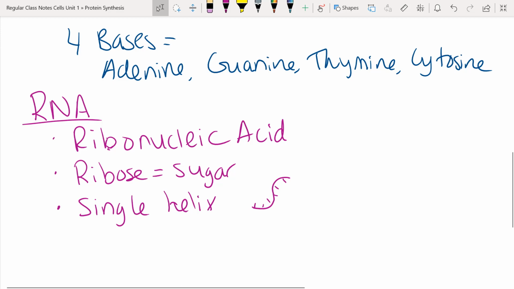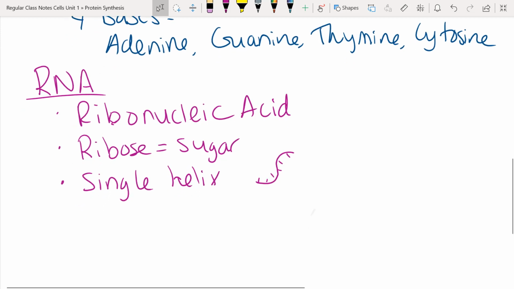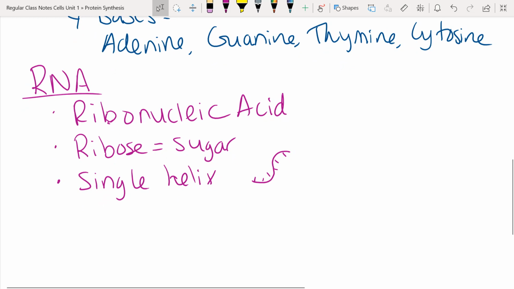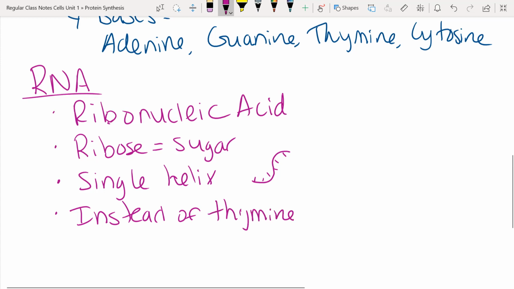So we have ribose, it's a single helix, and instead of thymine, it has uracil. So instead of thymine, it has uracil.